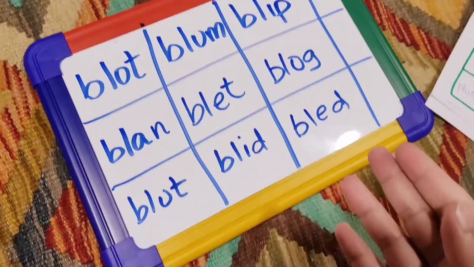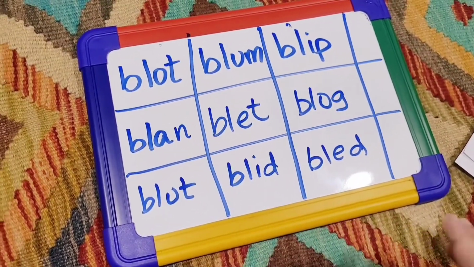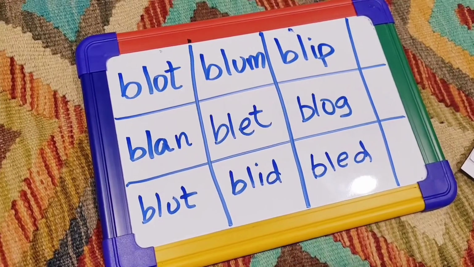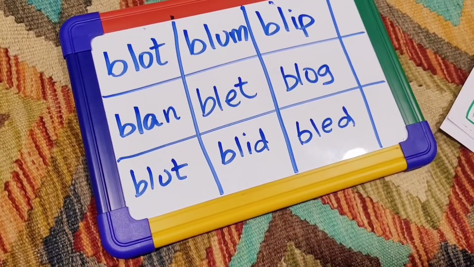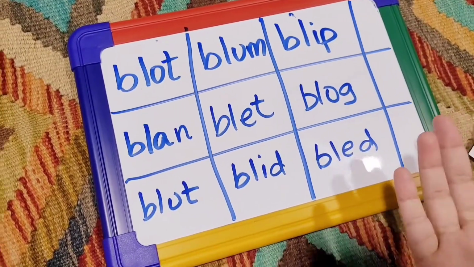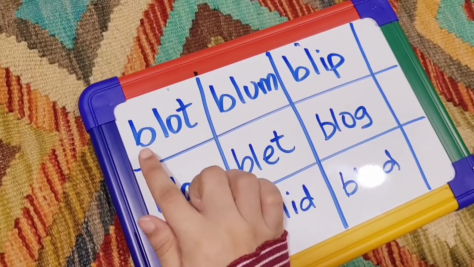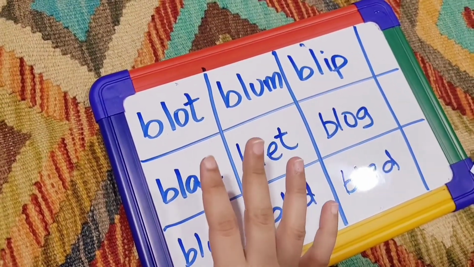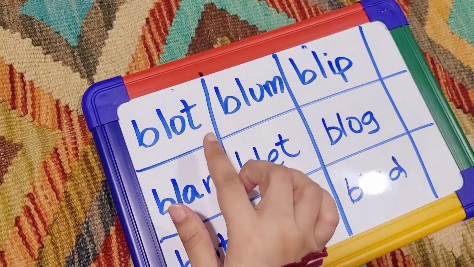And then I just make a grid for them with real and nonsense words with the blend, like bl, and they will have to blend them. Since they have seen me blending, they will try to blend these themselves. I will not help them. So they are going to try to read them. If they are struggling, you will just give them enough help. You're not going to read the whole word for them.